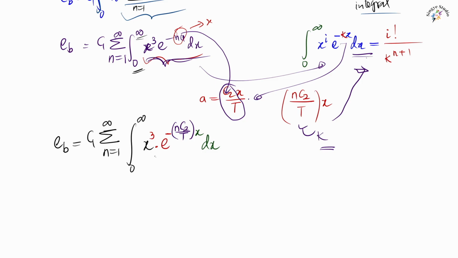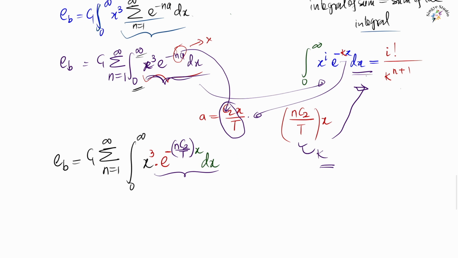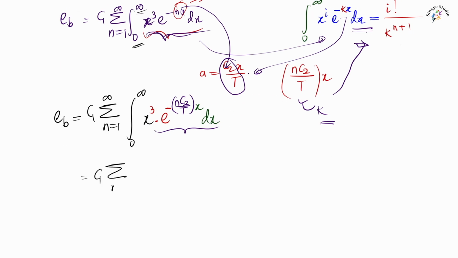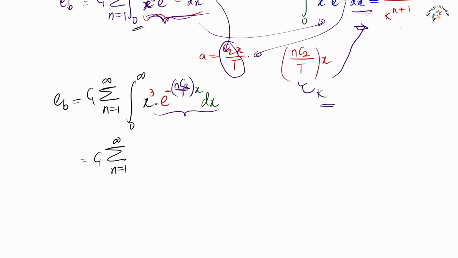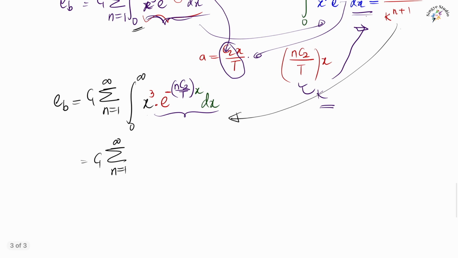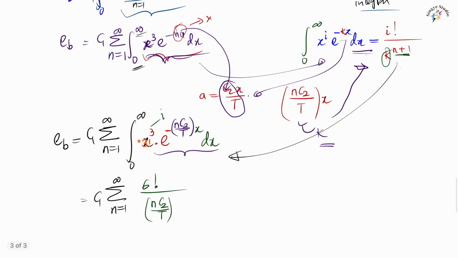Then we can use this result, and this whole integral reduces to i factorial. What is the value of i? i is 3 here, so we get 6 factorial divided by k, where k is n c2 upon t, raised to i plus 1.